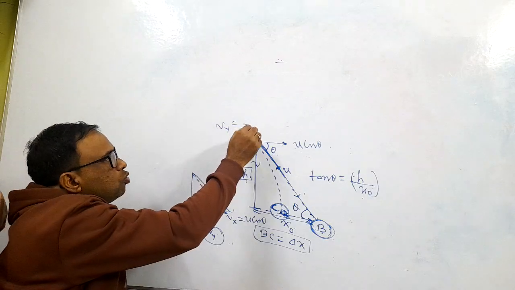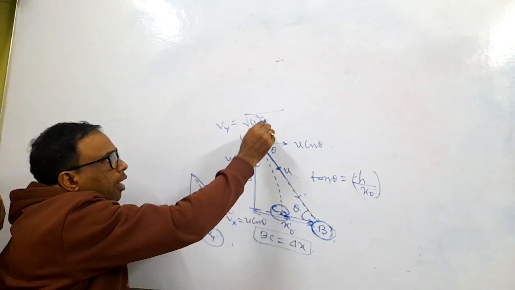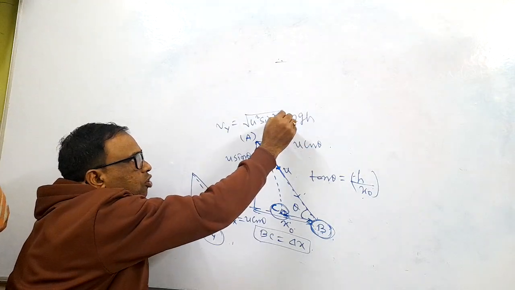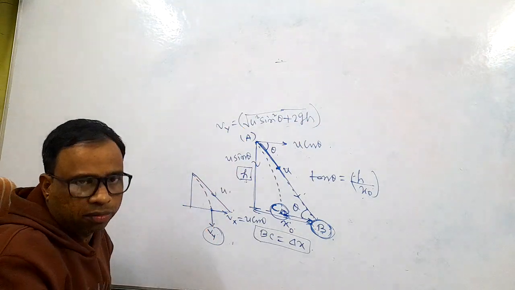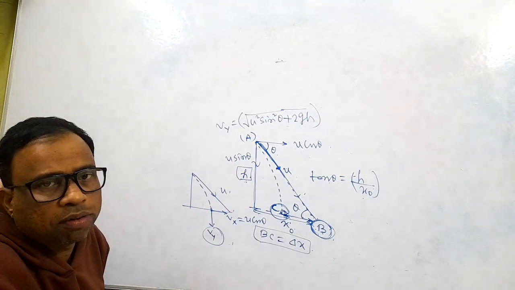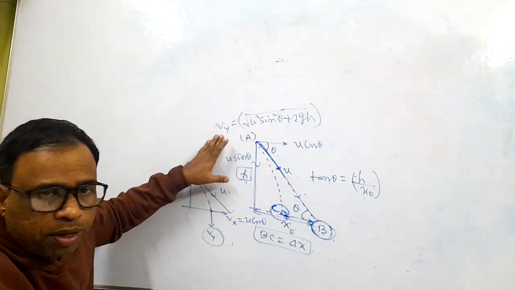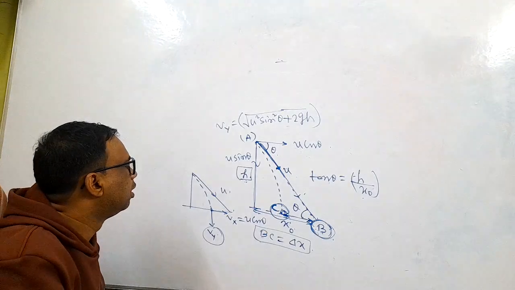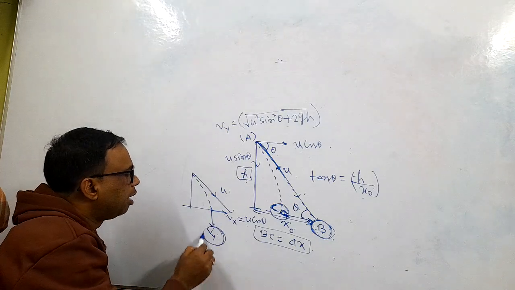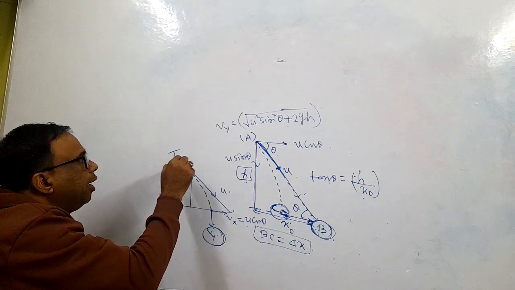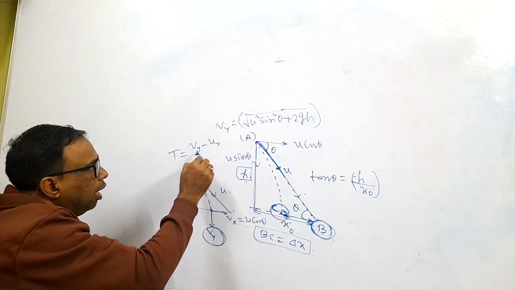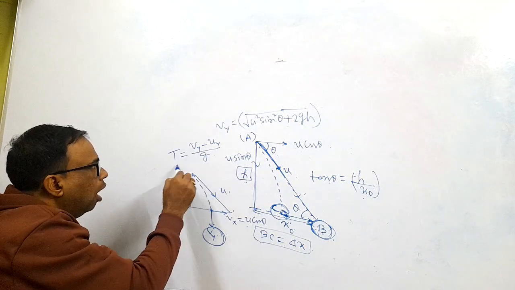Again, Vy equals root over u square sin square theta plus 2gh, from vertical motion, v square equals u square plus 2gh. So we get Vy, and the time of flight is Vy minus uy by g.